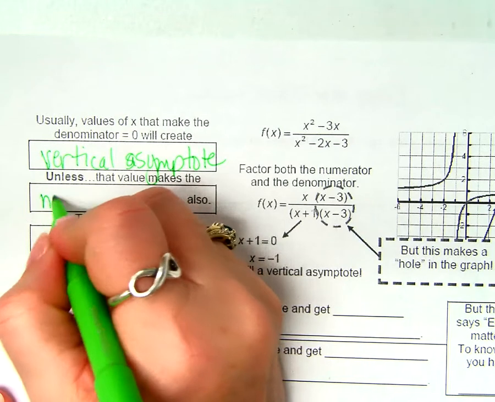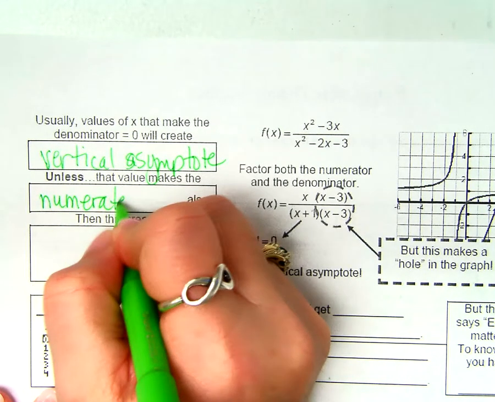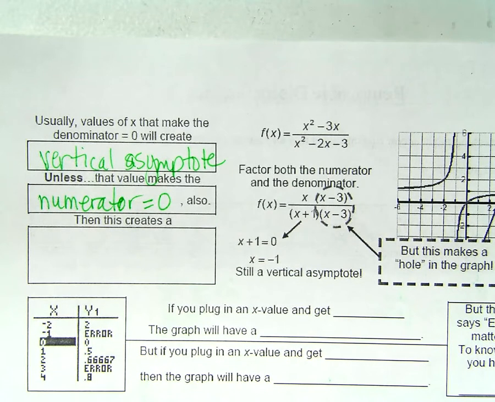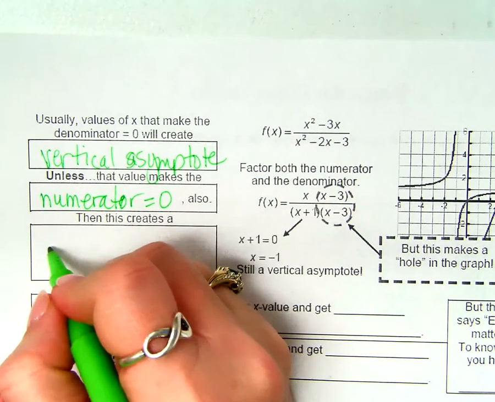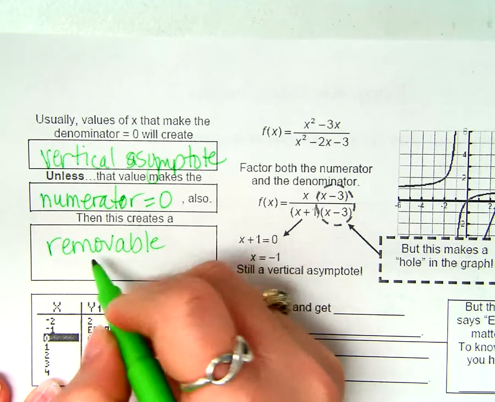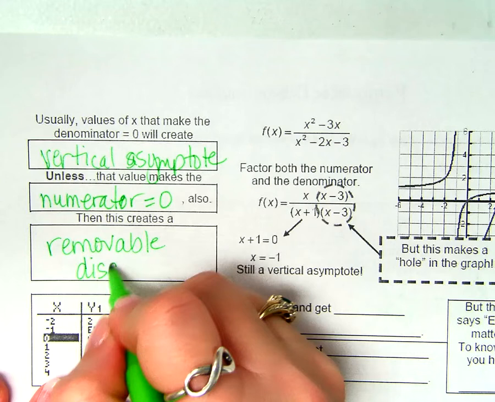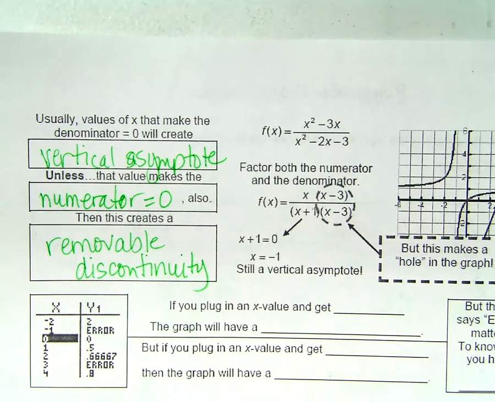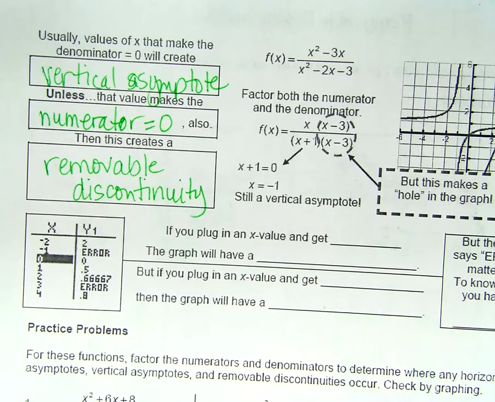Absolutely right. Unless it also makes the numerator equal to 0. When that value makes the denominator equal 0 and the numerator equals 0, this creates a removable discontinuity. Or a hole.